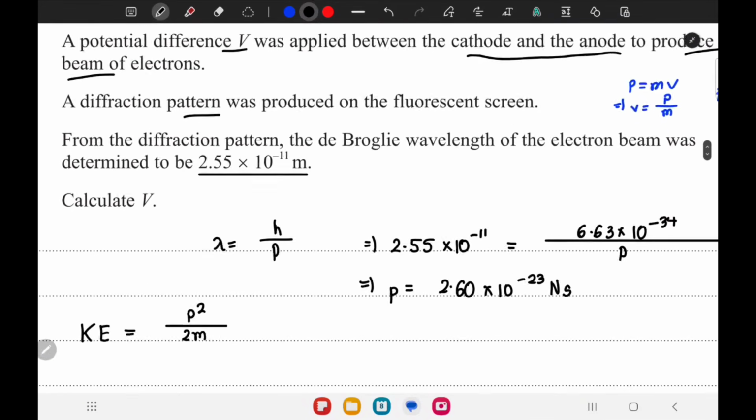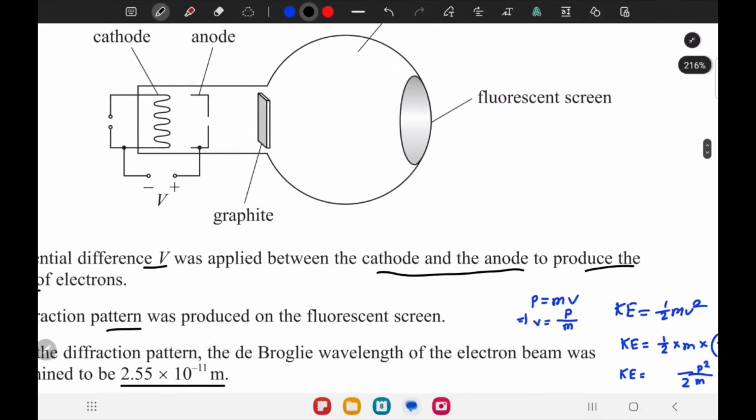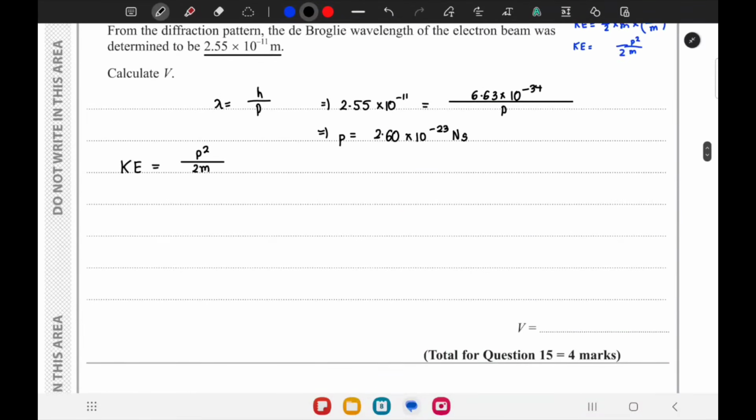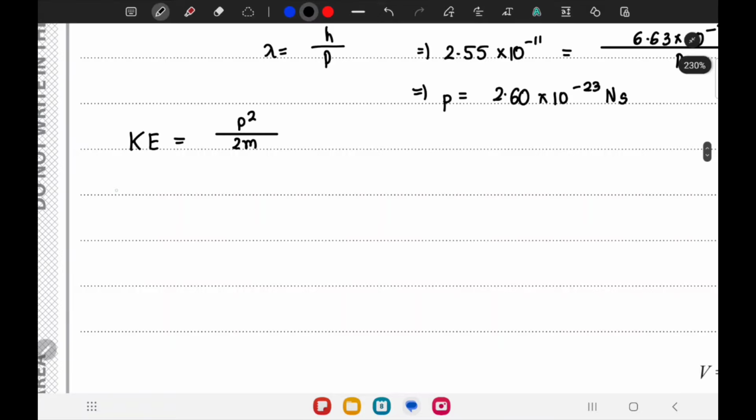The KE would be provided by the potential difference between the cathode and anode. So QV equals p squared by 2m. p is 2.60 × 10^-23, and we have twice the mass of the electron, so 2 into 9.11 × 10^-31.